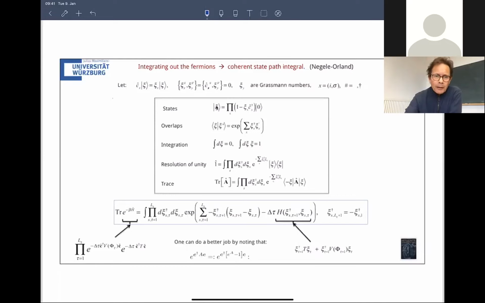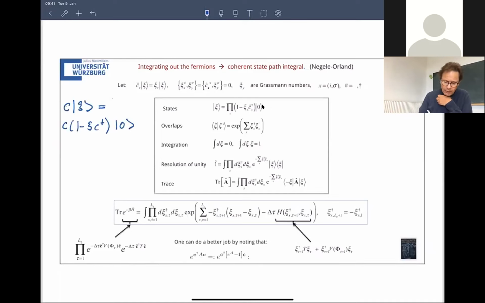So the states, I can write them this way. For example, we can do it for one mode. If I take C acting on the state (1 minus psi C dagger) on the vacuum, 0. Let me do this a bit bigger. I just take one mode, so I'm forgetting the x.